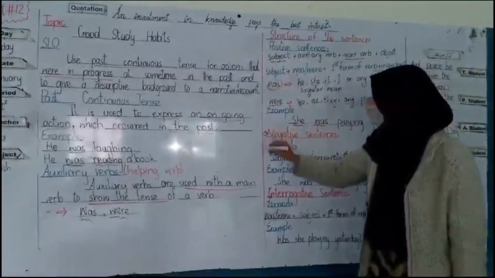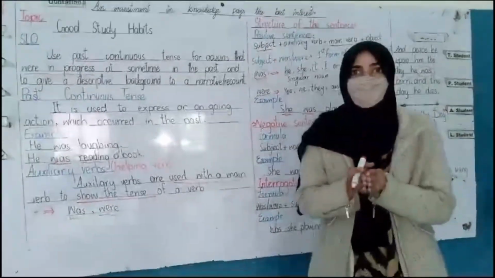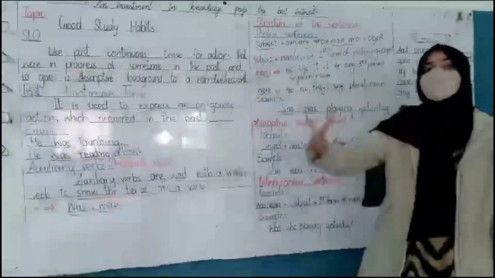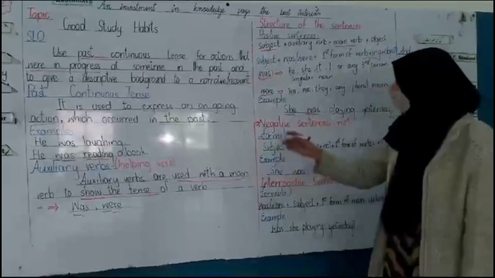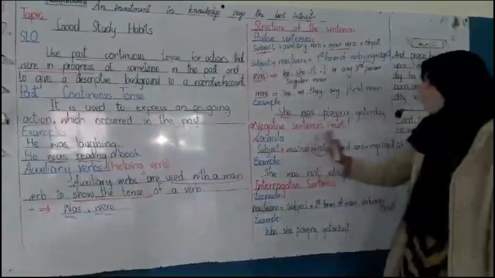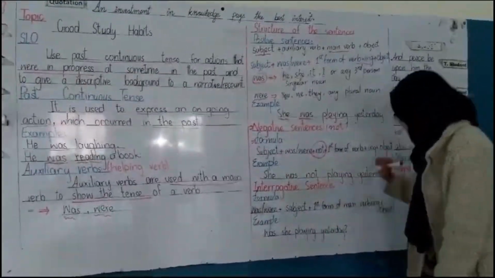Next is negative sentence. Negative sentence is one in which we negate the sentence. We use not in negative sentence to negate something. It is similar to this formula, but we use not after was and were. For example, she was not playing yesterday.